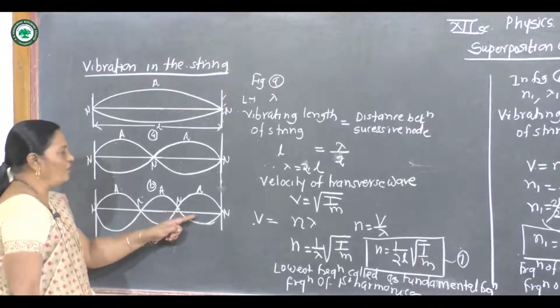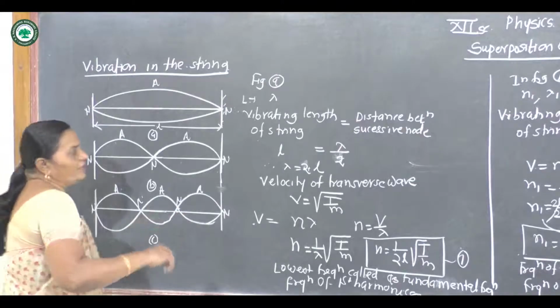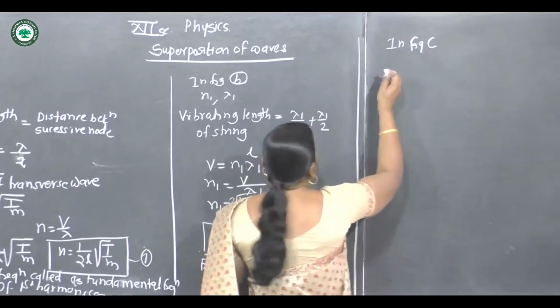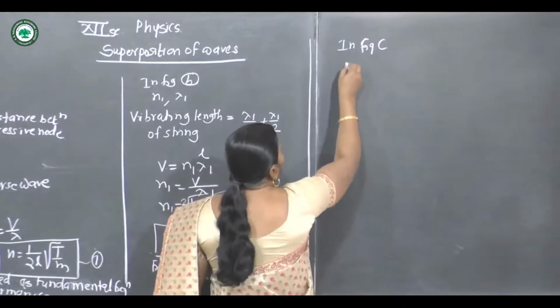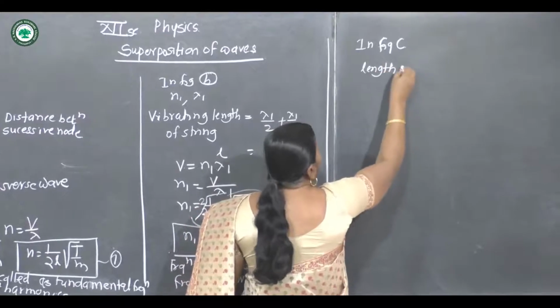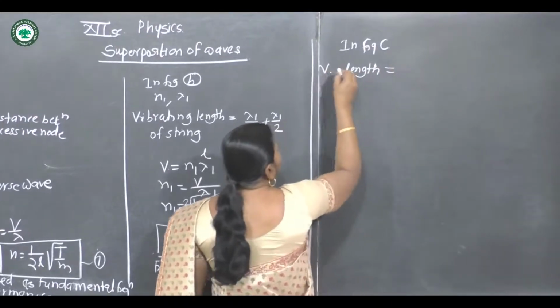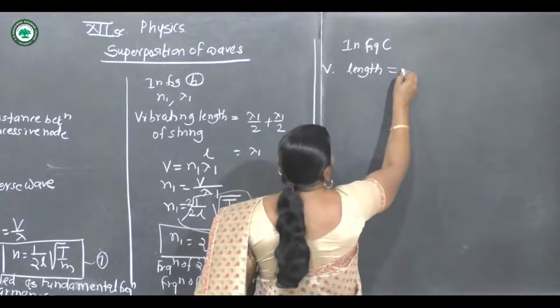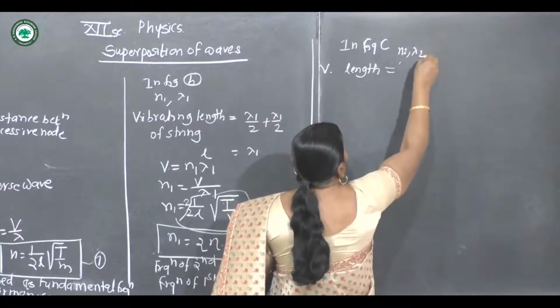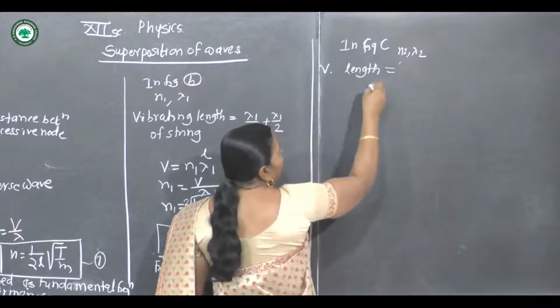Now we consider the length of the string, the vibrating length, where N2 and lambda 2 are the frequency and wavelength here.